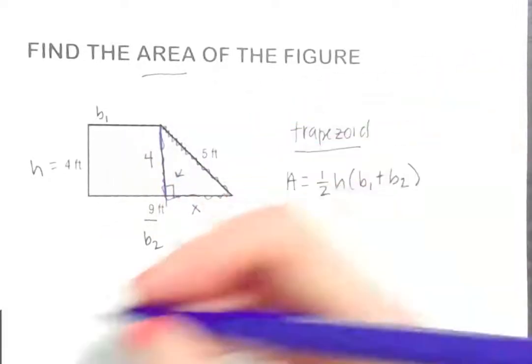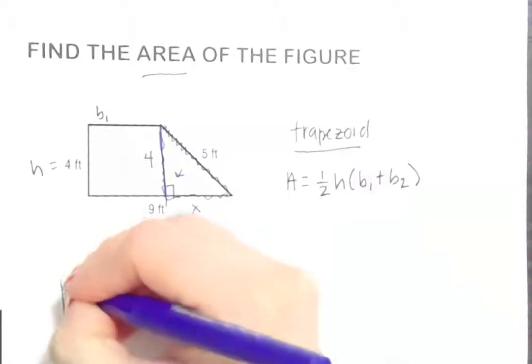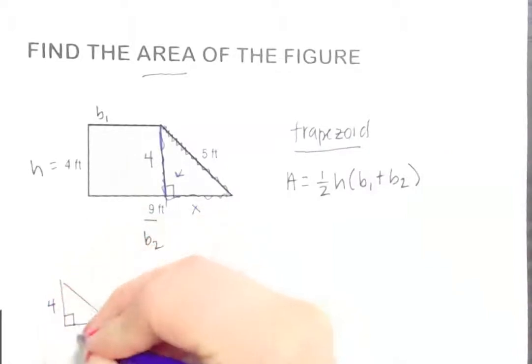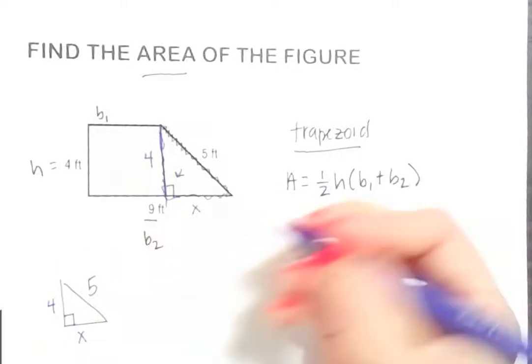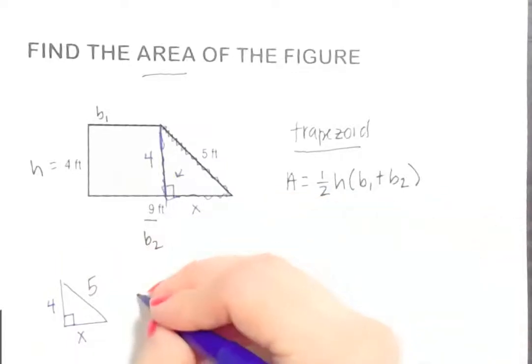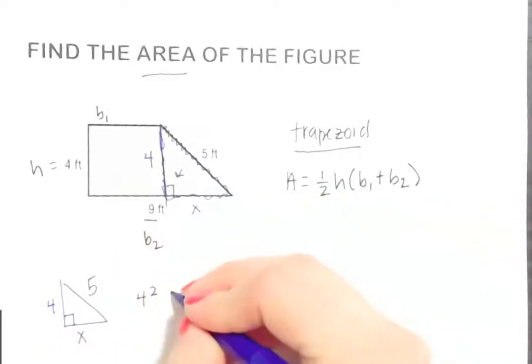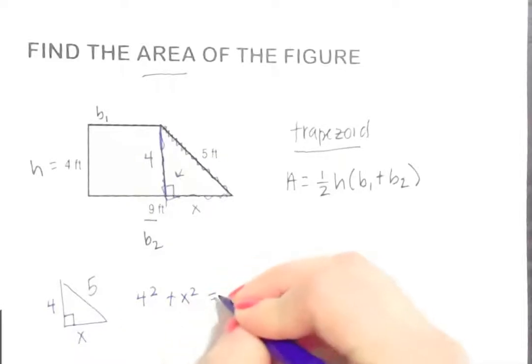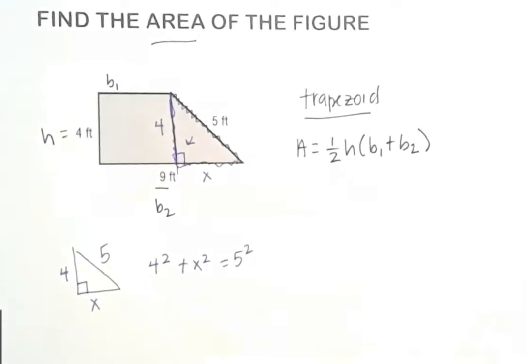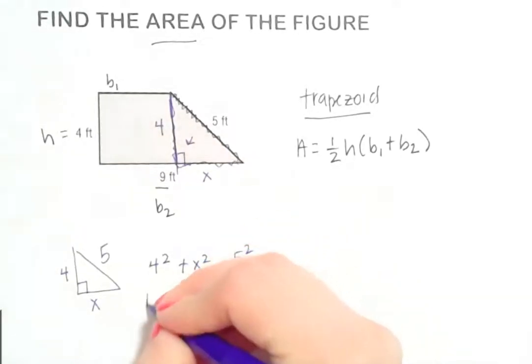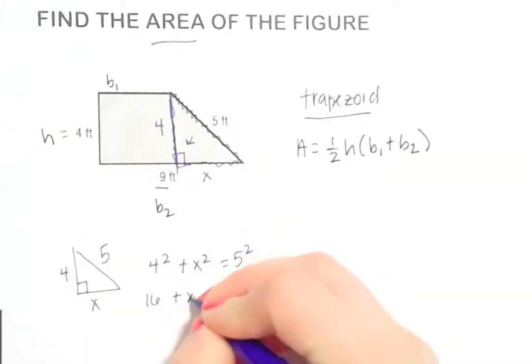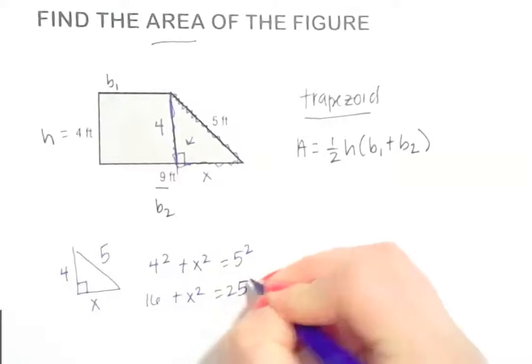So let's just do the Pythagorean theorem real quick for this right triangle. So I'm going to have 4 squared plus x squared equals 5 squared. 4 squared is 16. Plus x squared equals 25.